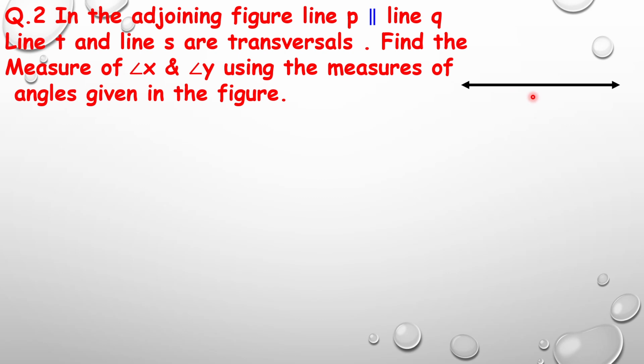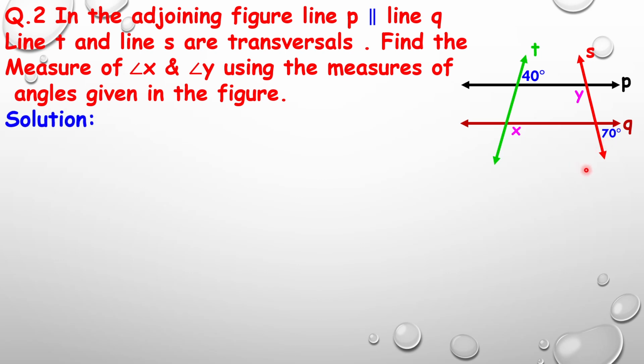Here in the figure, line P parallel to line Q is given, and line T and line S are the transversals, and the angles given are angle X and angle Y, and one angle measure is 40 degrees and another is 70 degrees.